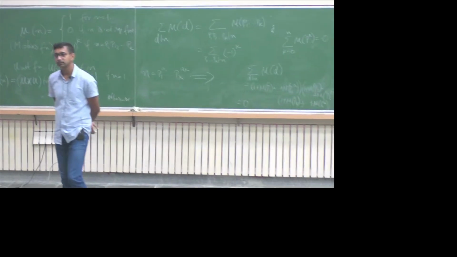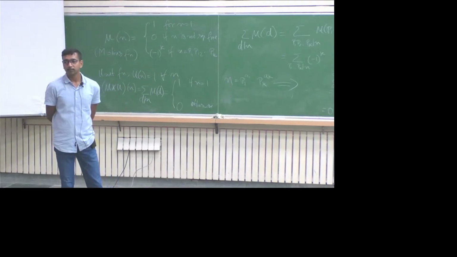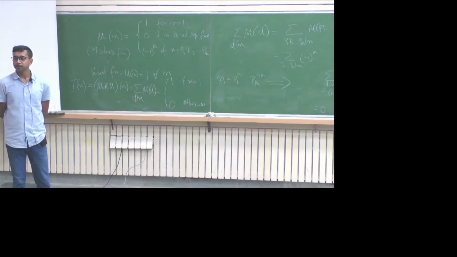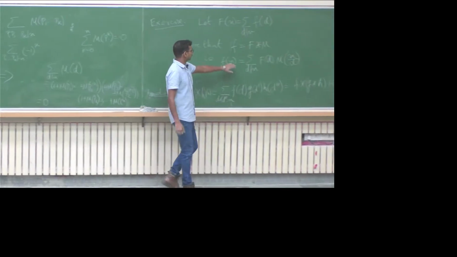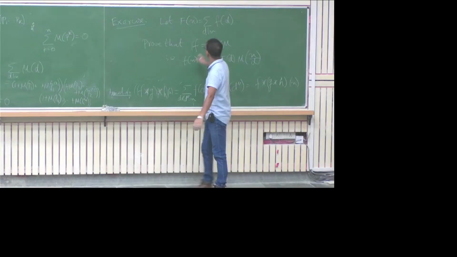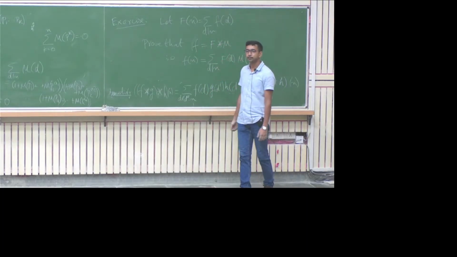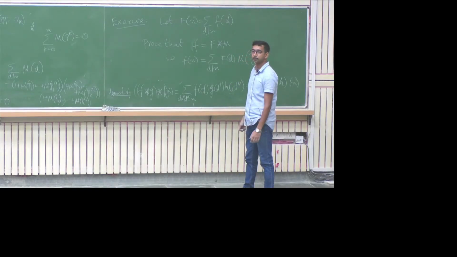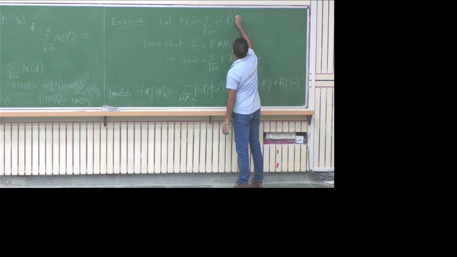Actually, you can write capital F of n equals the sum over d dividing n of f of d times u of n by d. As in the first line, there is only f of d, that means f of d into 1, and we can write 1 as u of n by d, right?